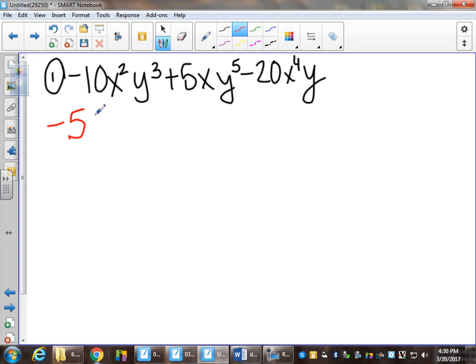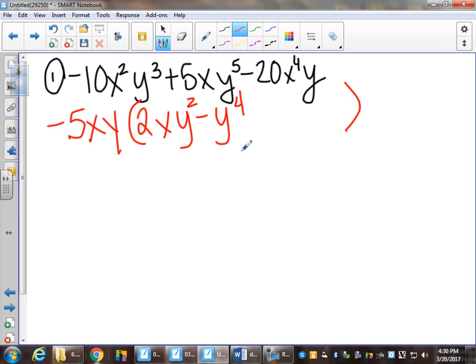That's the greatest common factor. We have 2 x's, 1 x, and 4 x's. We can pull out 1 x from each and 1 y from each. This divided by this will give you 2xy squared minus y to the 4th plus 4x cubed.